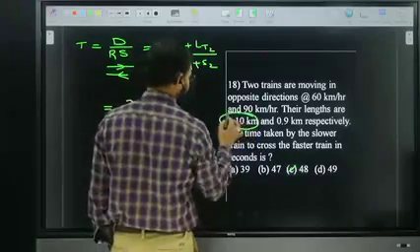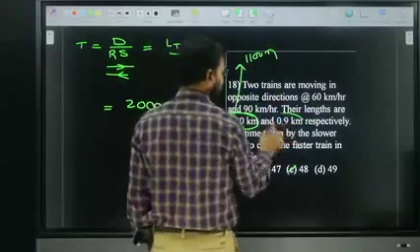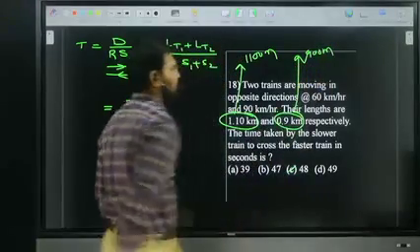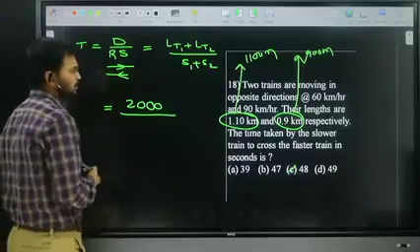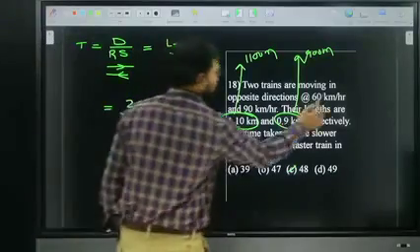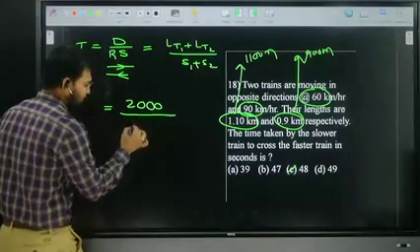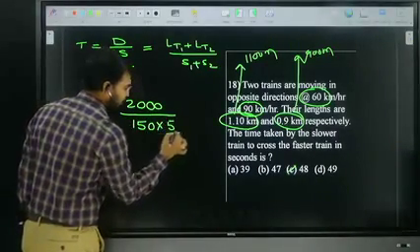This is 1100 meters and this is 900 meters, together 2000 meters. 2000 meters by speeds: 60 plus 90 is 150. 150 is in kilometers per hour, so we need to multiply it by 5 by 18.